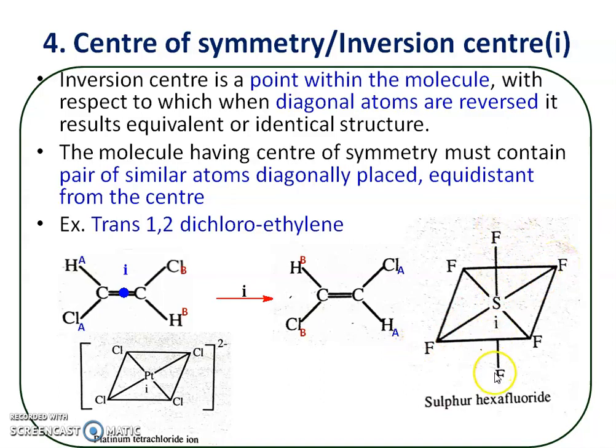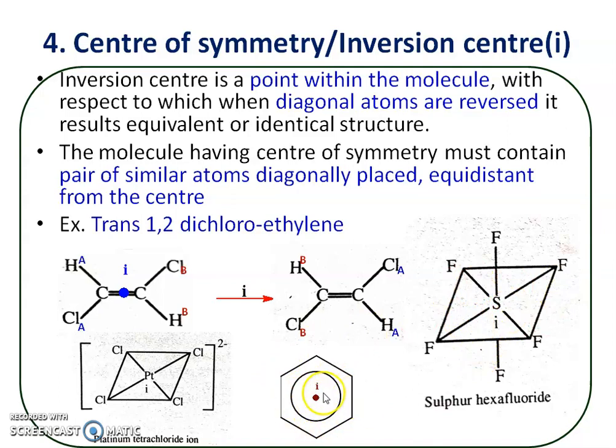Similarly, the two vertical fluorine atoms are exchanged with each other, and the resulting molecule will be the equivalent molecule. Now when the inversion operation is carried out a second time, we get an identical structure. So when the inversion operation is carried out two times, we get an identical structure. The first time we get an equivalent structure, and the second time we get an identical structure. So in sulfur hexafluoride there is an inversion center.